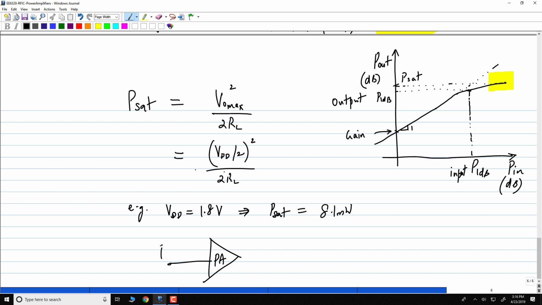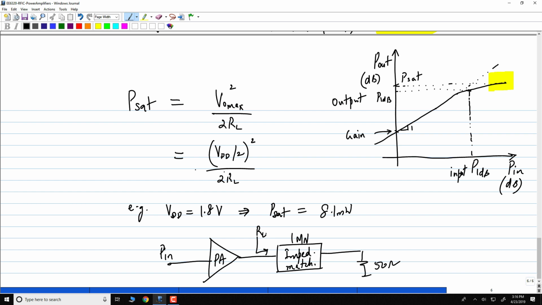You're putting in some power. Now you can put an impedance matching network, IMN, such that RL is different from 50 ohms. If I want more power, what kind of RL should I be choosing?